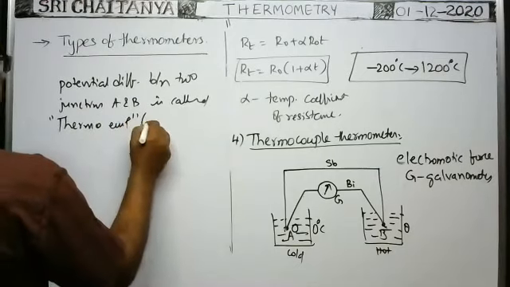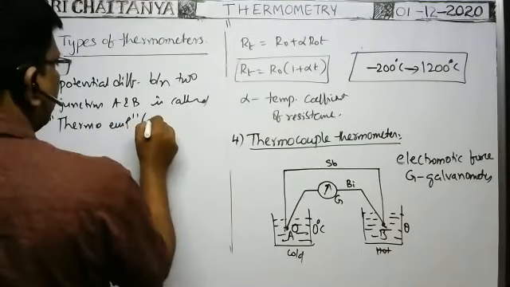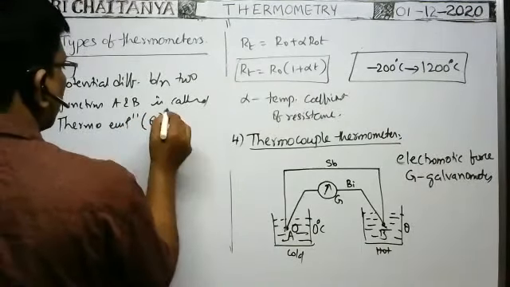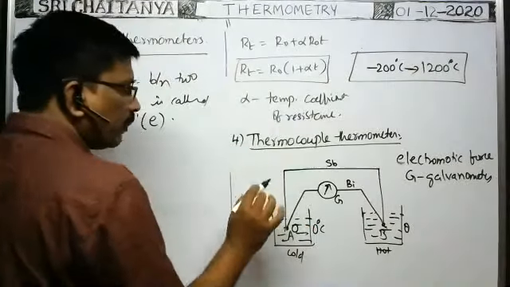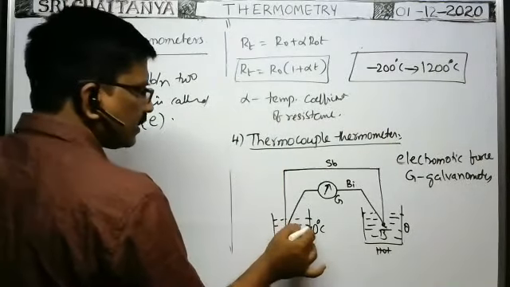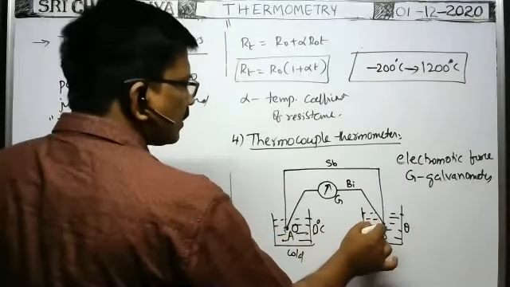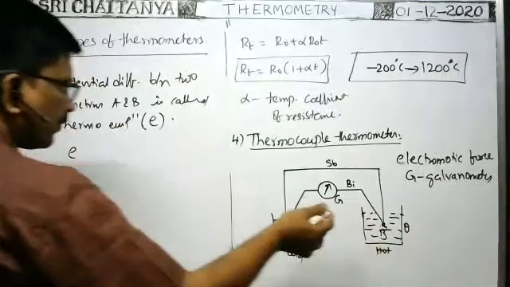The thermo EMF is represented with small e, say. By keeping the temperature of the cold junction at 0 degrees centigrade, when the temperature of the hot junction is theta, the temperature difference is theta minus 0.